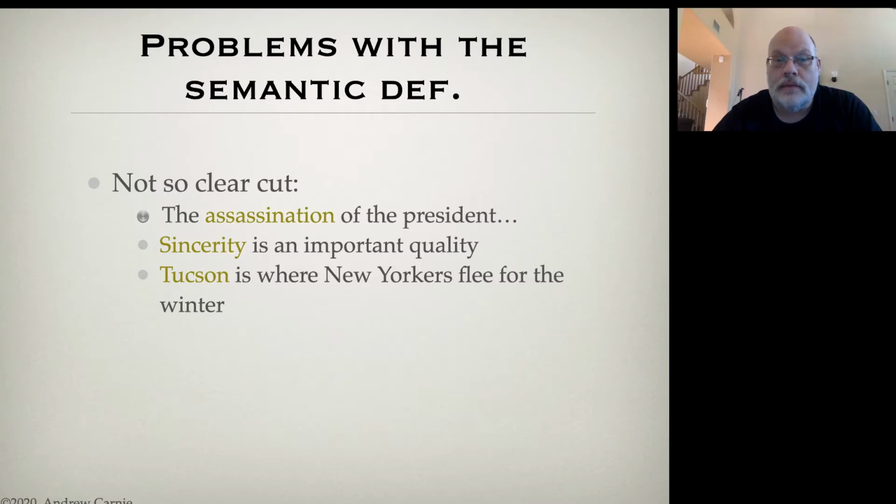It's a noun. To sort of really stretch the example, our definition of a preposition is indicating a location. So take Tucson is where New Yorkers flee for the winter. Clearly, Tucson here is not a preposition. So when we look at these edge cases, we see that the definitions break down a little bit.